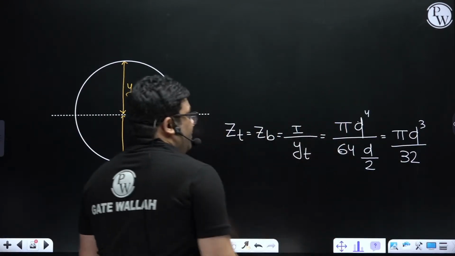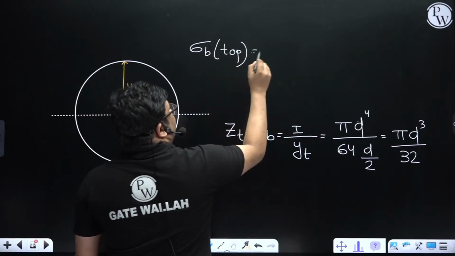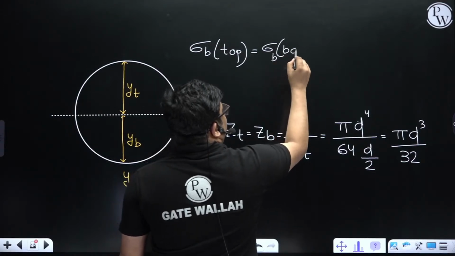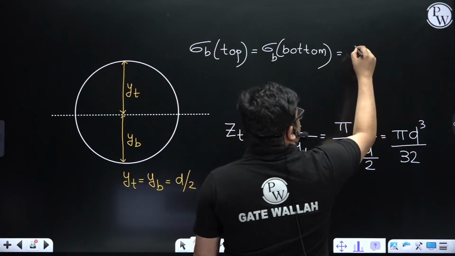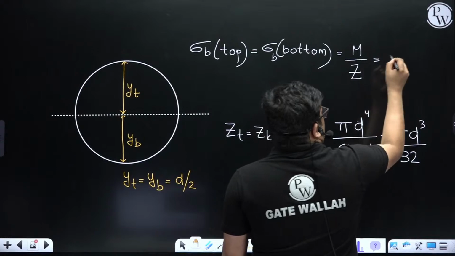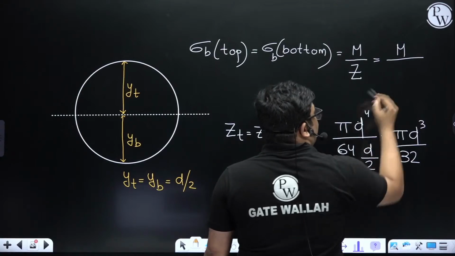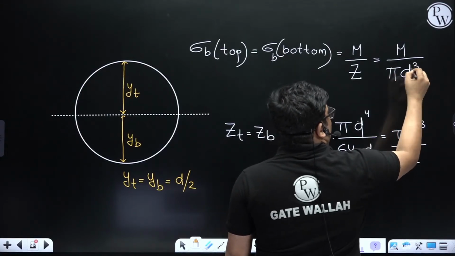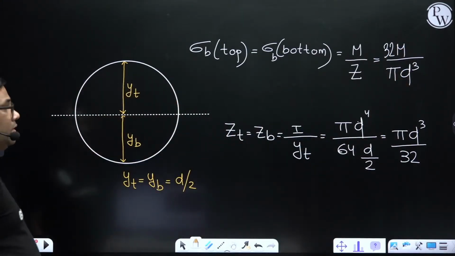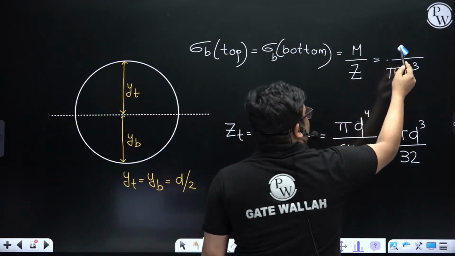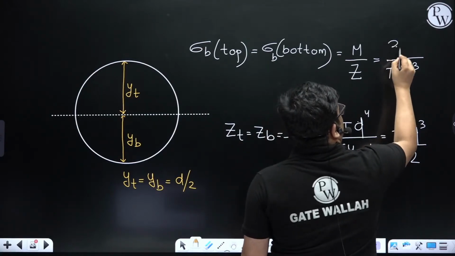So here also the top fiber stress and bottom fiber stress will be the same, equal to M by Z, where Z is pi d cube by 32, or I can say 32 M by pi d cube. So this is for a circle.